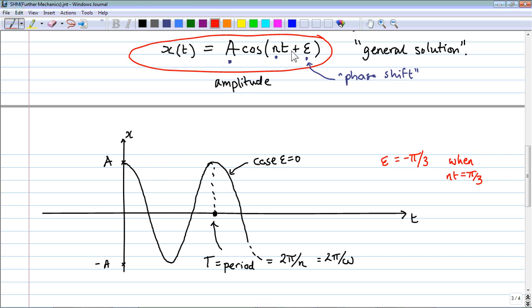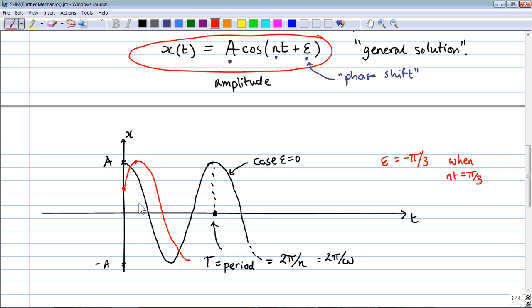Now when t is 0, then we get cosine of minus pi over 3, and we know that cosine of minus pi over 3 is cosine of pi over 3, which is 1/2. So this red curve will start at 1/2, and it will go up to a maximum when t is pi over 3n.